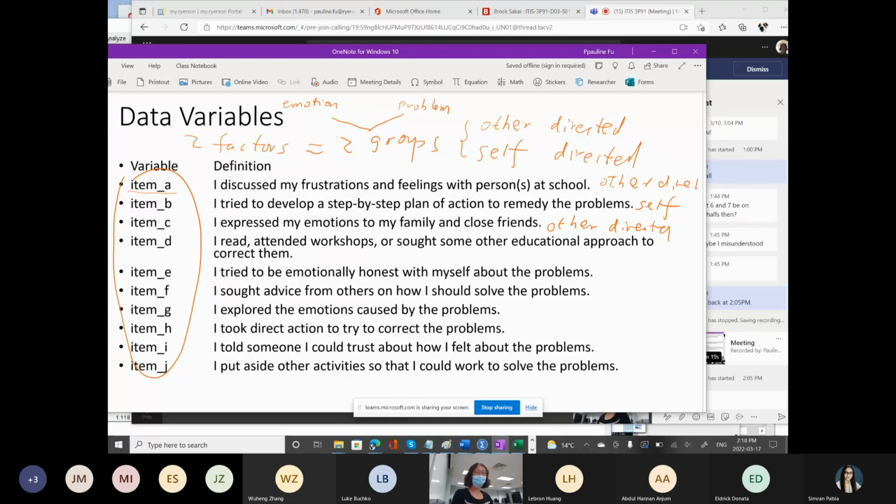So let's group item A. I discuss my frustrations and feelings with persons at school. So what does item A belong to? Emotion focused or problem focused? Anyone?